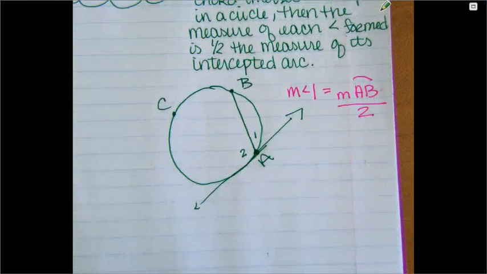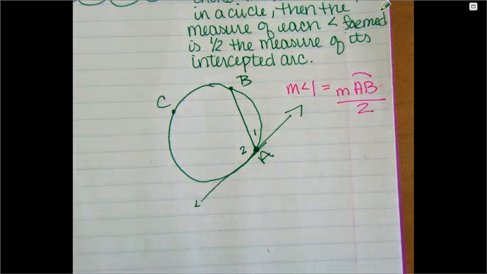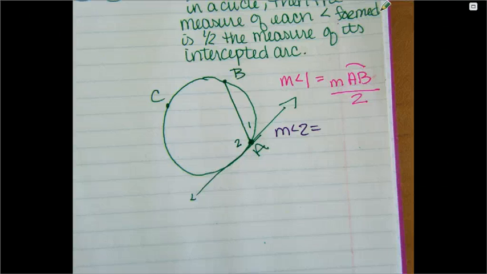All right. So let's look at the measure. You know there's one right there. Let's look at the second one. The measure of angle 2 equals. What do you think the arc is named? BCA.